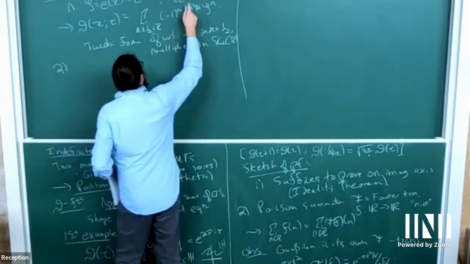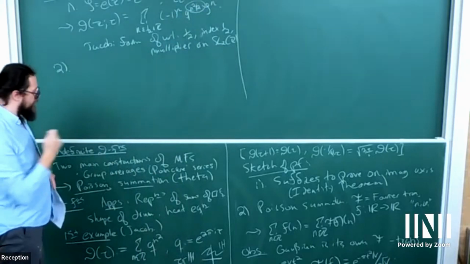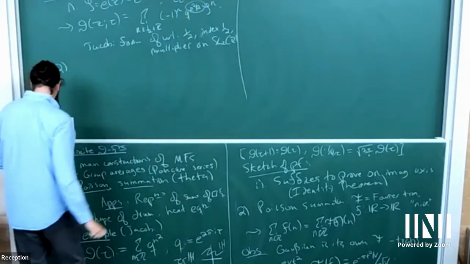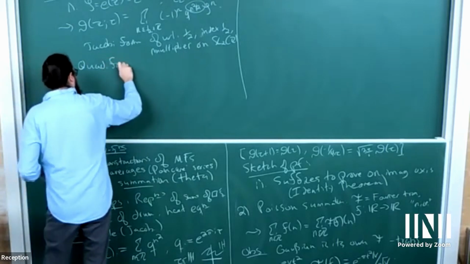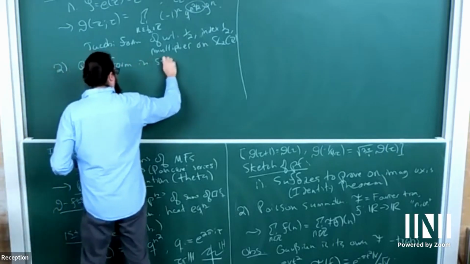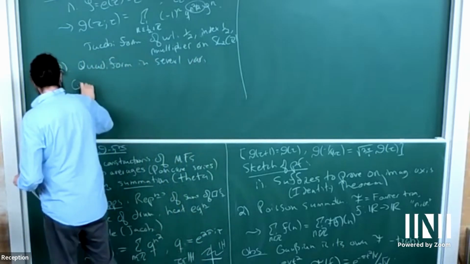Okay. So I mentioned that we can stick in an extra variable. We can take this quadratic form here, n squared or n squared over 2, and we can make that a quadratic form with more variables. So let's make it a quadratic form in several variables. So what's my setup going to be?